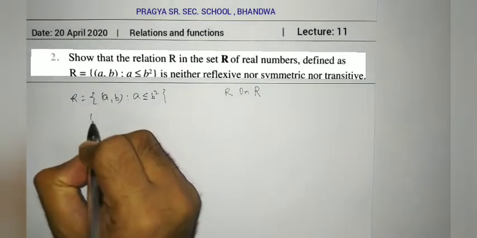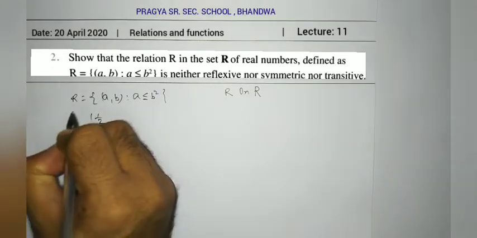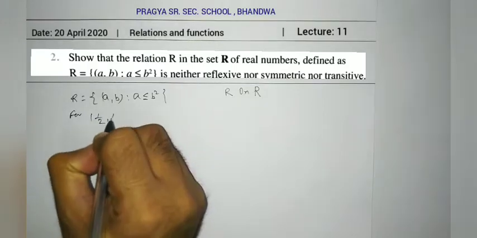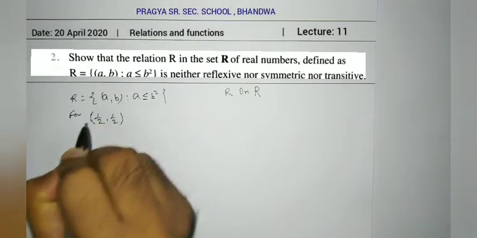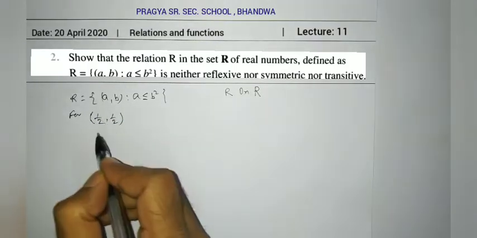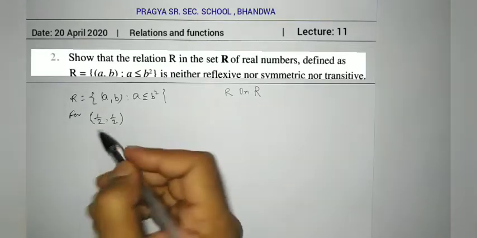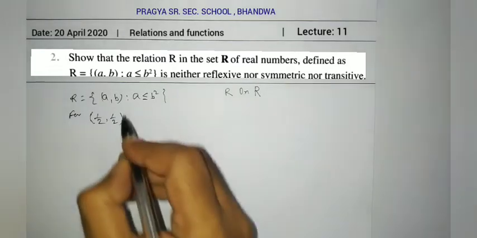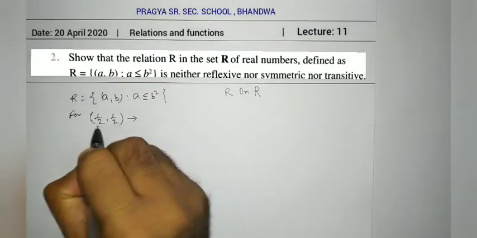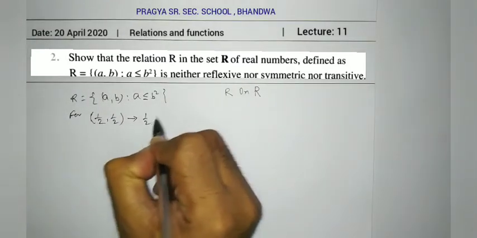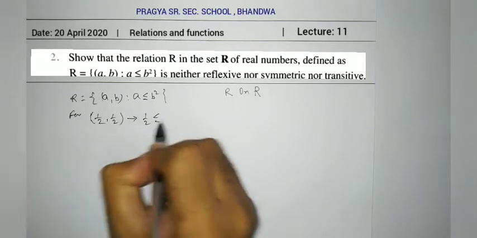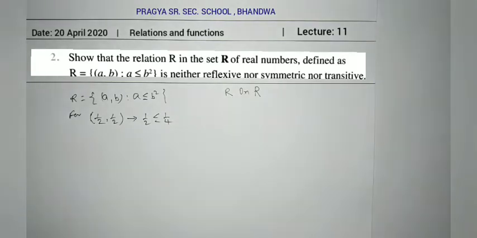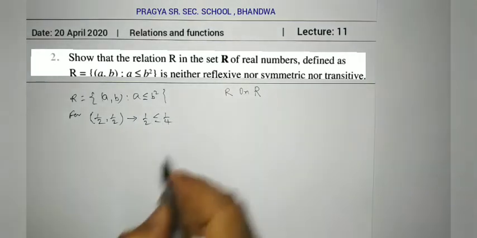Let us consider (half, half). As real numbers, we can consider any real number; this is a rational number. So we are trying to check whether (half, half) belongs to the relation or not. For (half, half), A is half, which should be less than or equal to B square. As B is half, its square is 1 upon 4. So half is less than or equal to 1 upon 4.